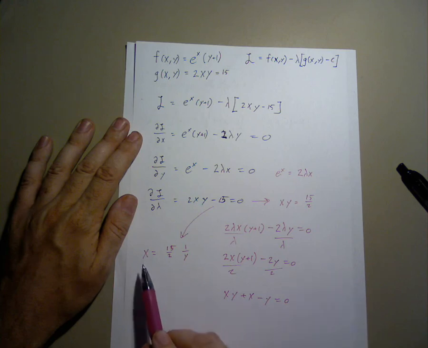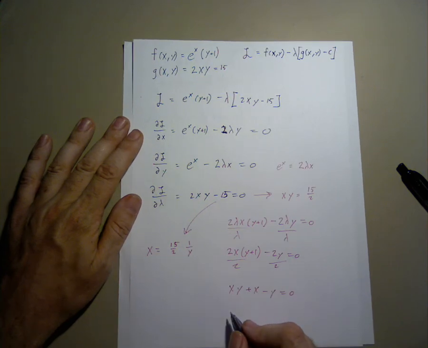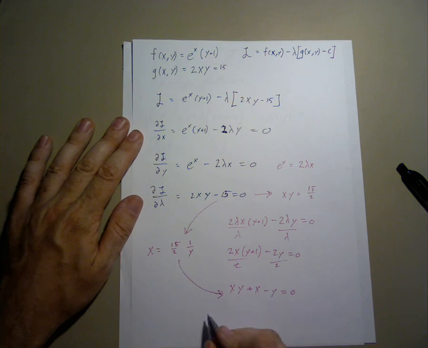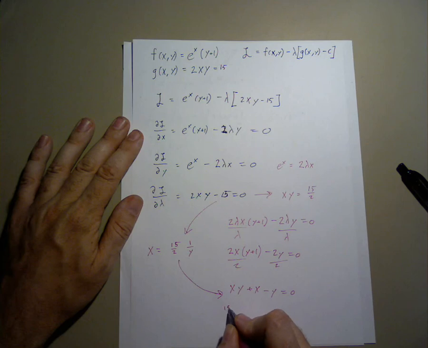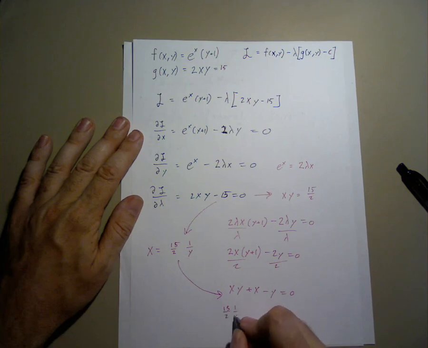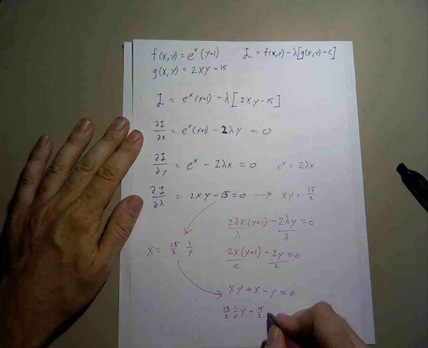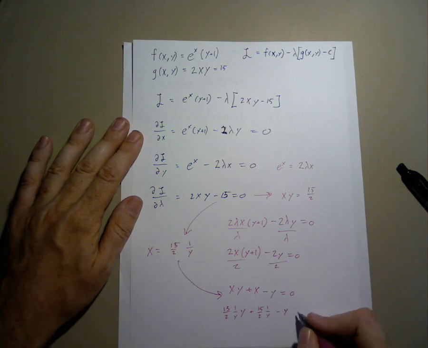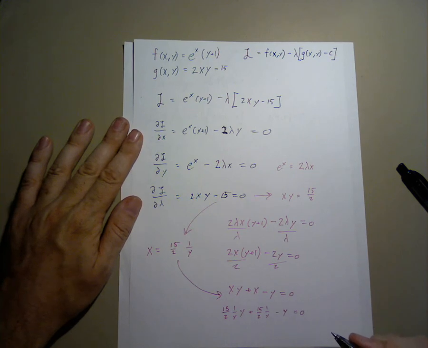If I substitute this into our equation, we get 15 over 2 times 1 over y times y, plus 15 over 2 times 1 over y, minus y. This is a difficult to solve problem.